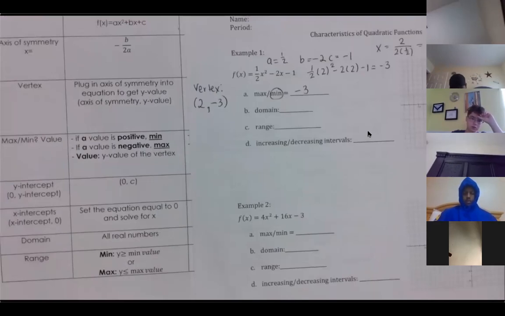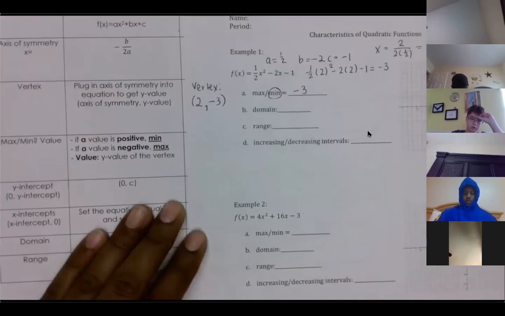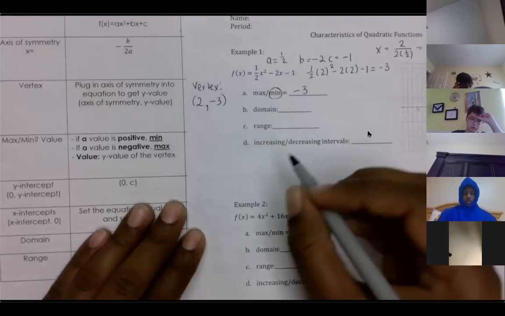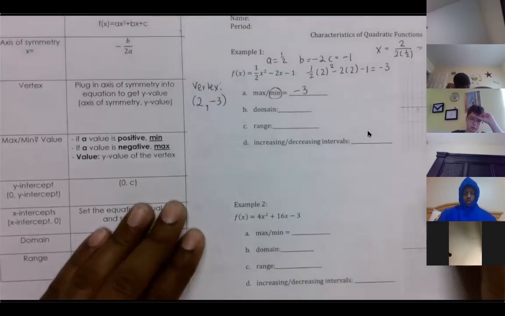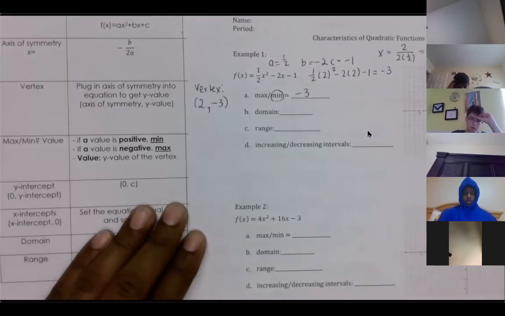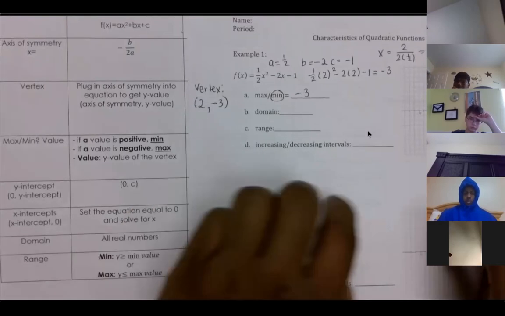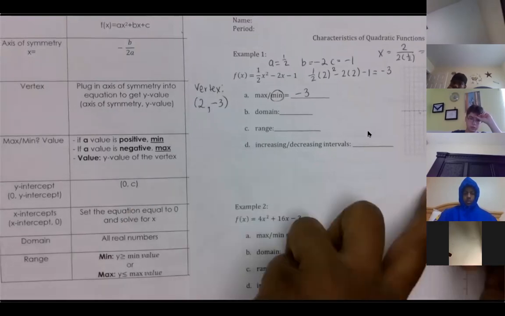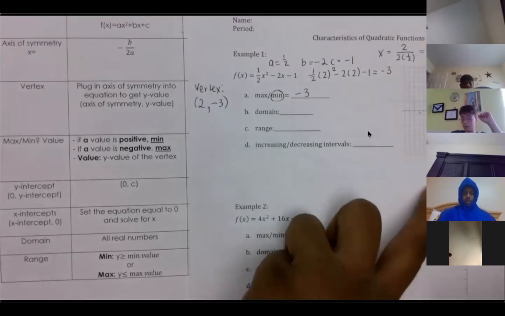So remember, in order to graph, you're going to just create a table of values. Your vertex is going to go at the top. And then you just have to choose one other point. I choose one point to the right, or in other words, a point that's greater than your vertex x value. So I'm going to go with 3.